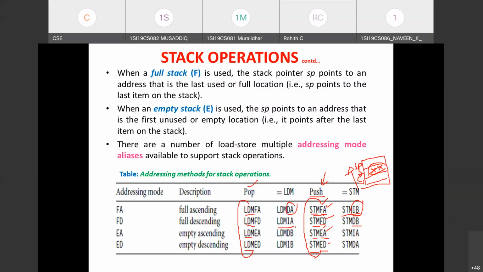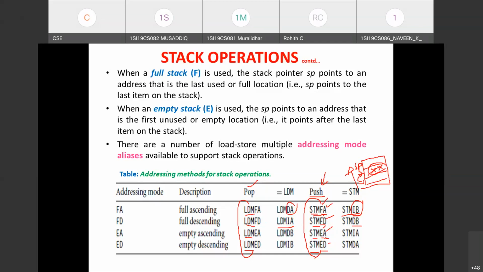So that's why it is increment after. First, we access the data from wherever SP is pointing to, and then we increment the stack pointer. That's why the equivalent addressing mode for FD is IA for the pop operation.